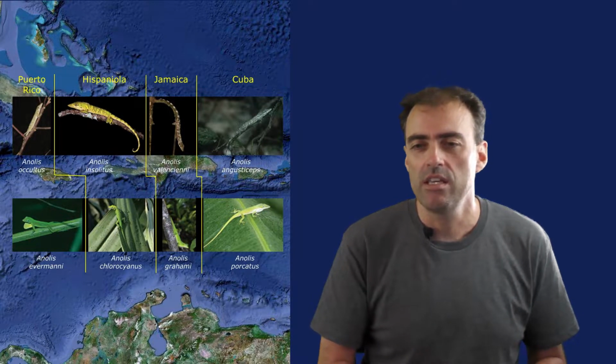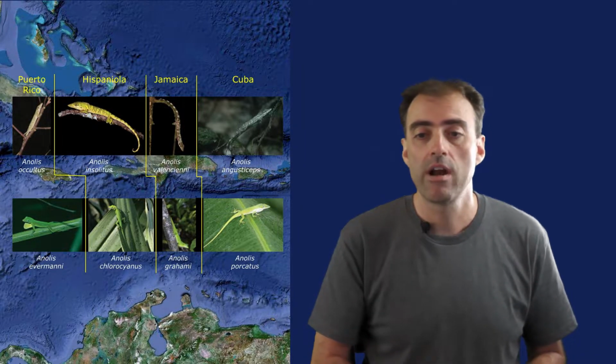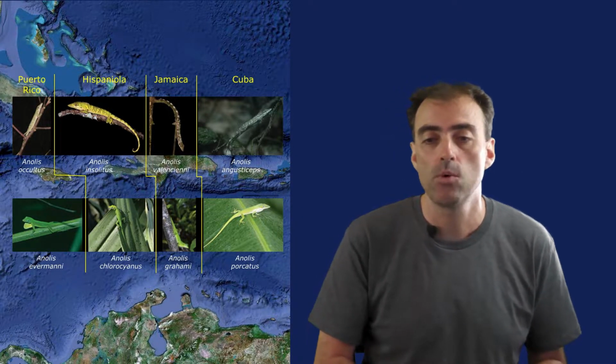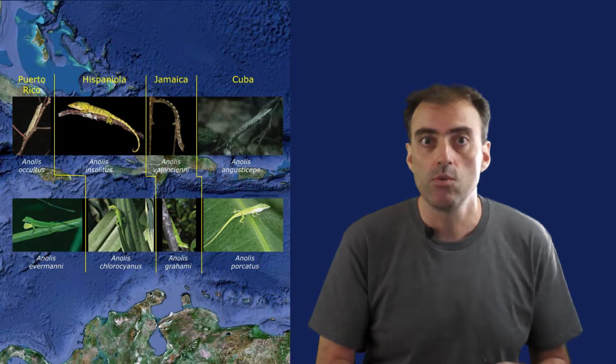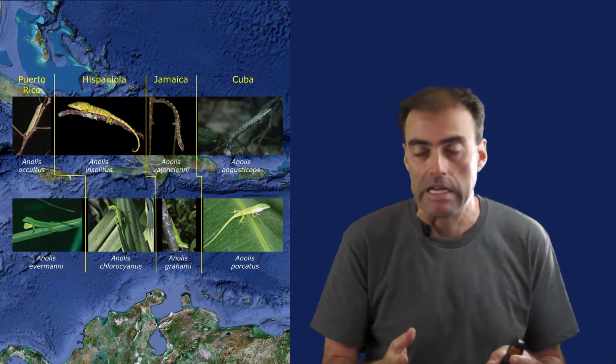What we have here is a series of species that are found on each of these 4 islands of the Greater Antilles. And a really interesting thing here is, if we just take Puerto Rico for example, we have one species which we'll call our twig lizard, and we have another one which is our green lizard.